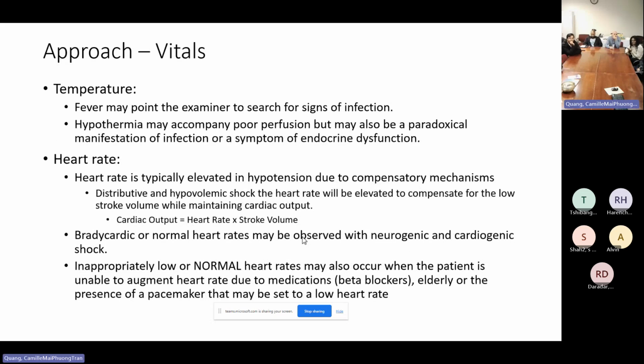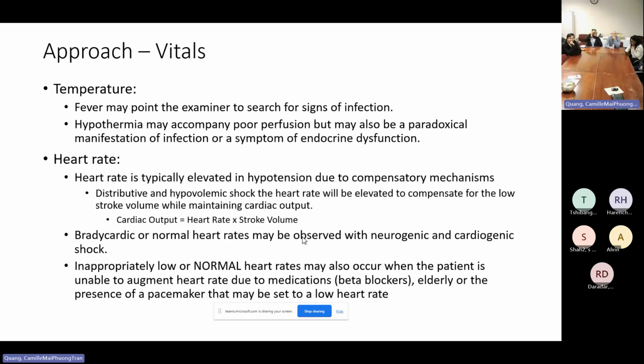Your temperature, when you go into that sepsis calculator, you get either hypothermia or hyperthermia. So if your patient has a fever and they're in shock, this would tell you to look for any signs of infection. And then if they're hypothermic, this could also be an infection, or it could be that pesky adrenal crisis.